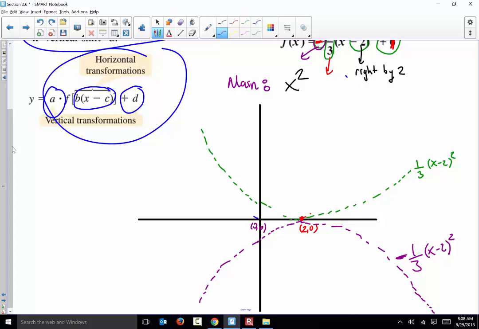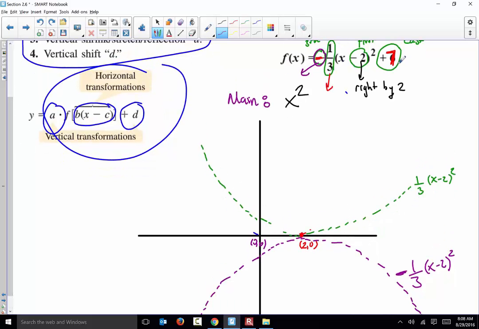And the last one. What happens if you add a number to the very end of the equation? What happens? It shifts where? You all see that? Vertical. So this is a vertical shift.